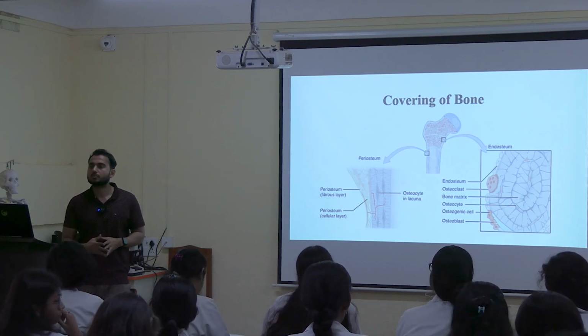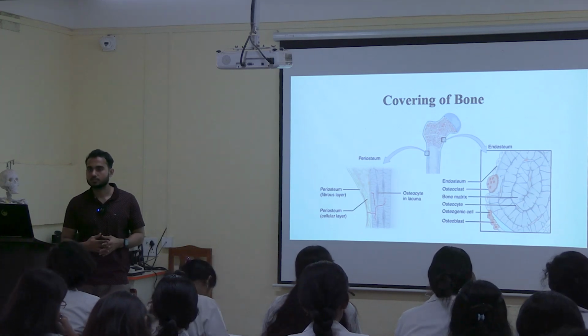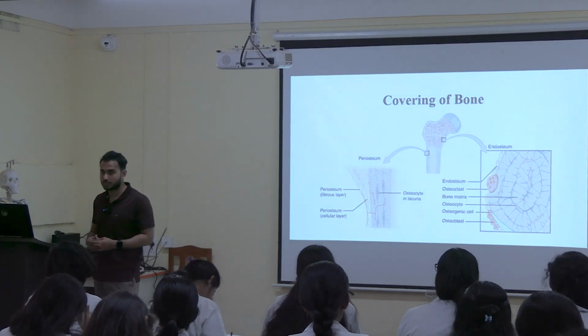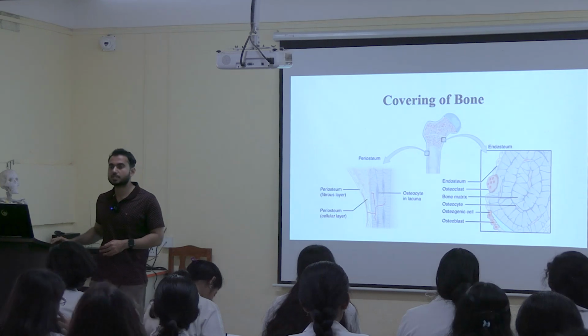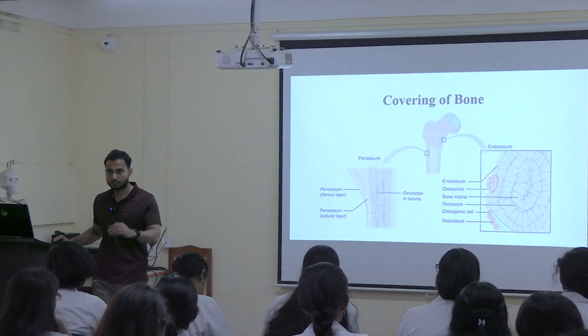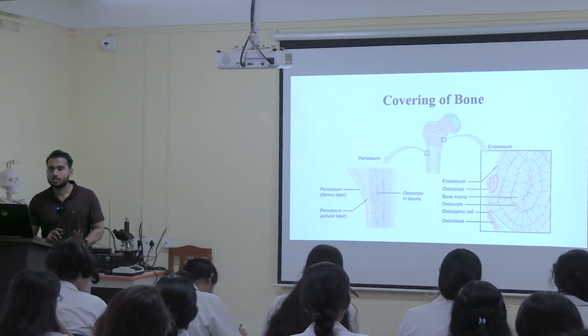Now, articular cartilage is which variety? Hyaline cartilage. What is the speciality? Perichondrium is absent. Like this you have to answer in the viva, one by one. Okay? ठीक है, so that is all about the bone.